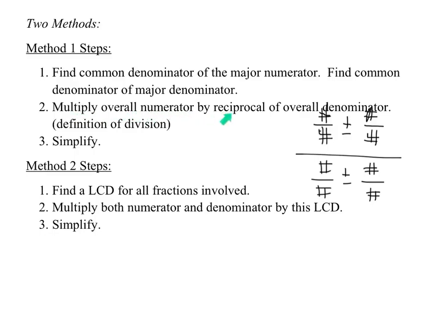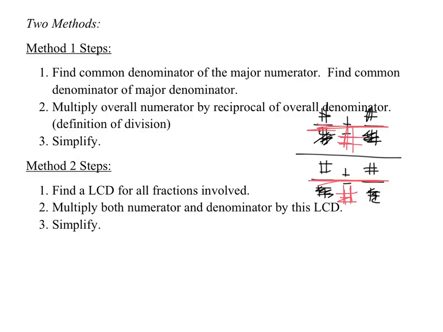Multiply the overall numerator by the reciprocal of the overall denominator. So that means you're going to end up with one fraction up here now. So imagine you find a common denominator. You're going to get everything over some number. Over here, you're going to get everything over some number. These no longer exist. It's all over one fraction.